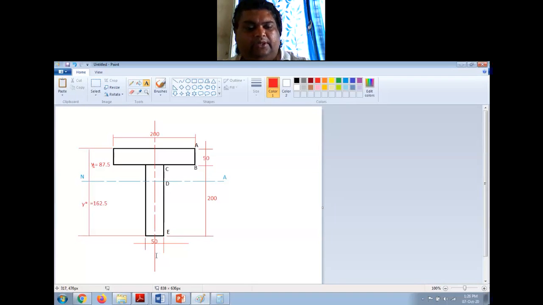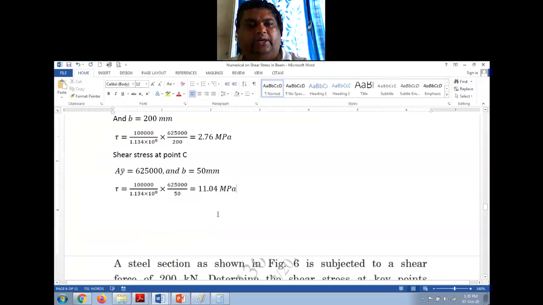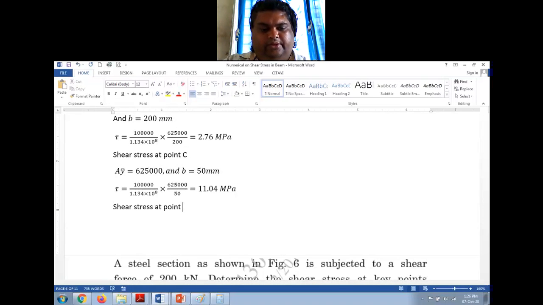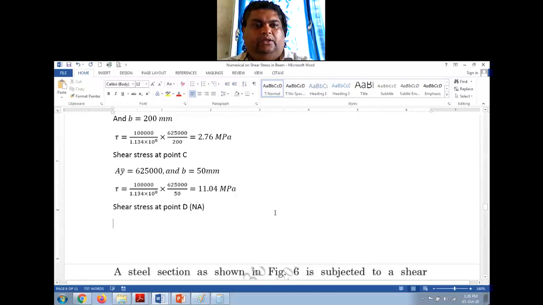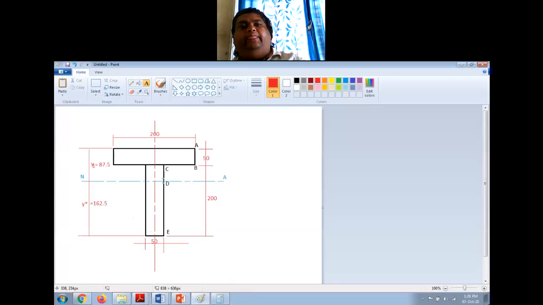I just have to draw the distribution curve, right? So at D, it is neutral axis. So just write that: shear stress at point D (within bracket, neutral axis). Okay, now A Y bar. Let us go back to the diagram. See, this is my section now, right?